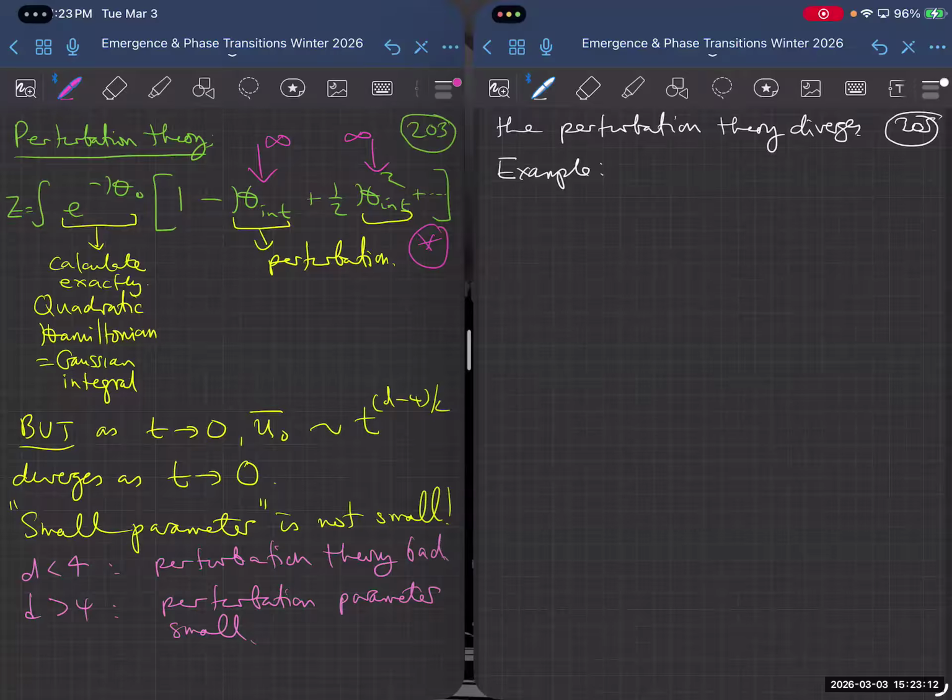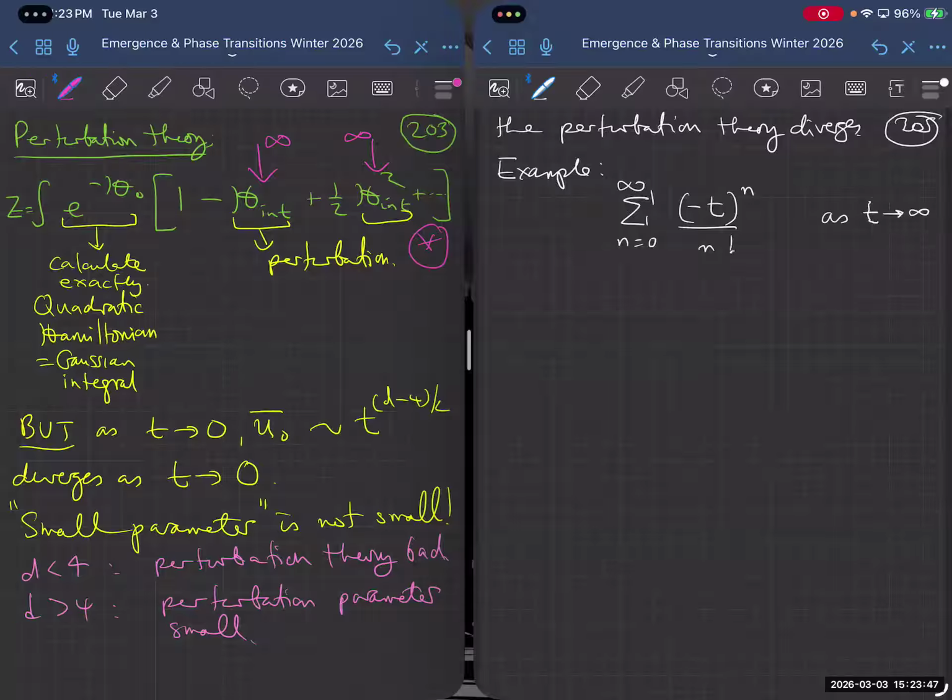Let's suppose I give you the sum of (minus t) raised to the power n over n factorial, with n equals 0 to infinity, and I'm going to look at this thing as t goes to infinity. If you look at each term in that series, each term diverges.